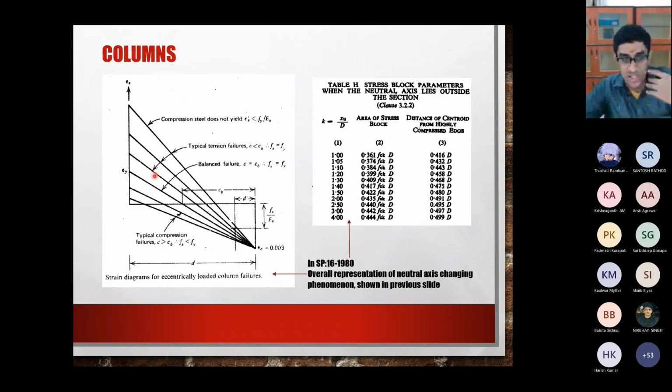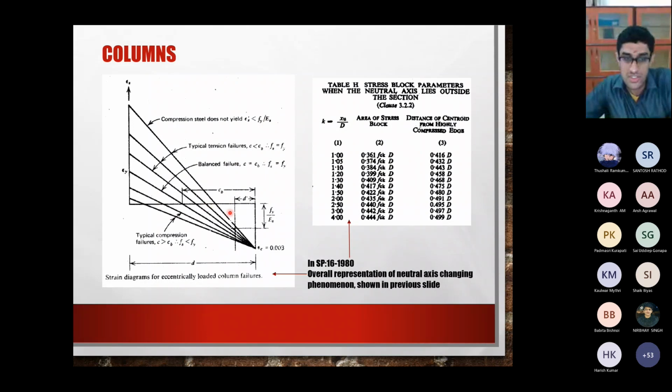Conversely, if I have bending moment values greater than the bending moment value which occurs at balanced failure, then I will have my strain distribution moving like this, meaning that the neutral axis keeps moving more towards the compression side.